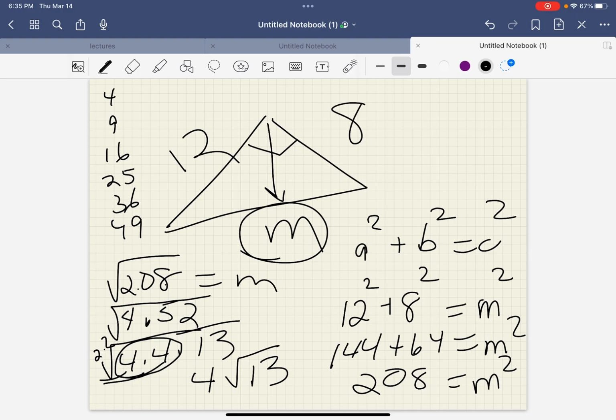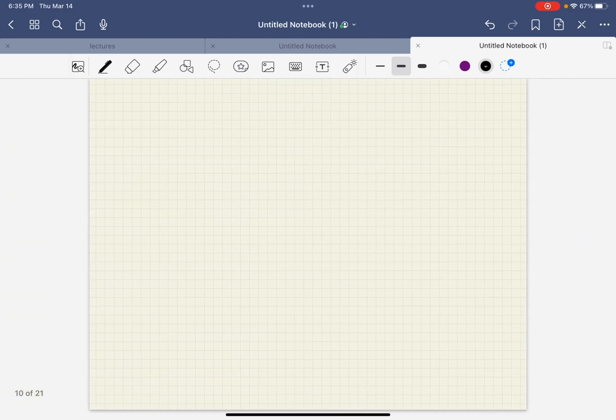Okay, so the next part is something that you just really need to memorize. There's one basic Pythagorean triple. There's actually 3 of them on page 409 up at the top. So your basic one is 3, 4, 5. So in other words, 3 squared plus 4 squared equals 5 squared.